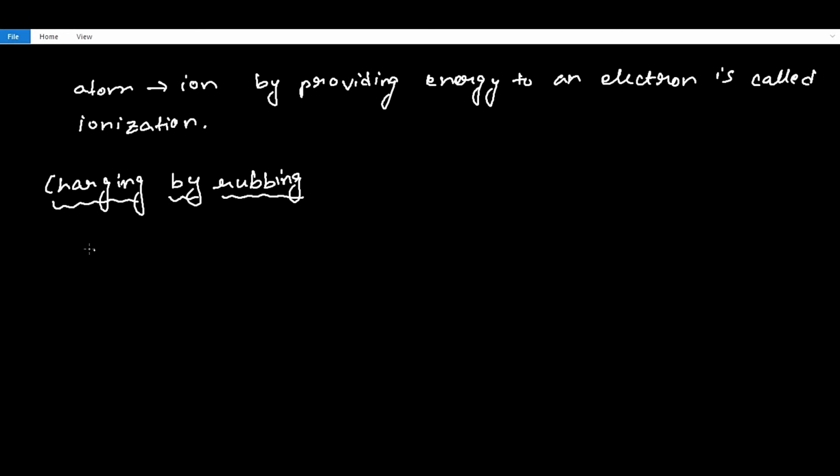To understand charging by rubbing, it was essential to understand what ionization actually was. So, how do I charge by rubbing? It's very self-explanatory, and the answer is actually present in the question.